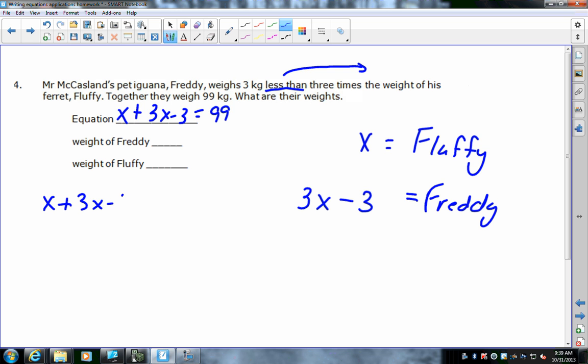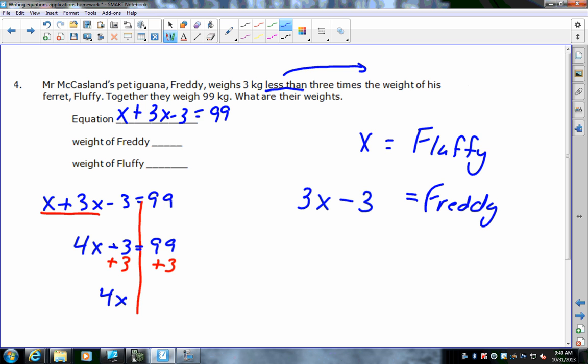All right. Put your x's together. x plus 3x, 4x minus 3 is 99. Now I'm going to add 3 to each side, which means I have 4x equals 102.